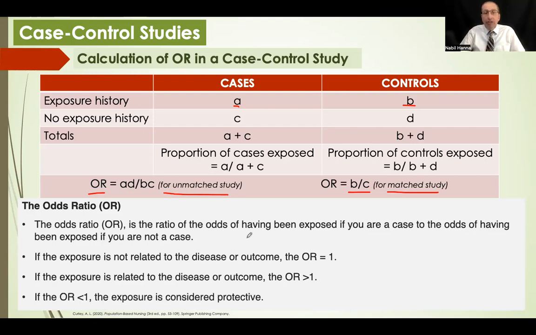If the odds ratio is less than 1, then the exposure is considered protective. Like you take patients who have heart disease and you go back and ask how many of you did exercise. So the exposure to exercise reduced the risk of heart disease.